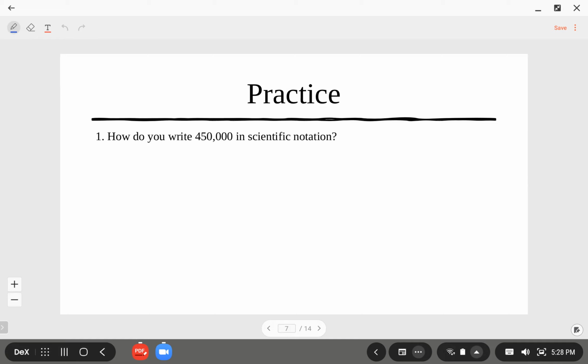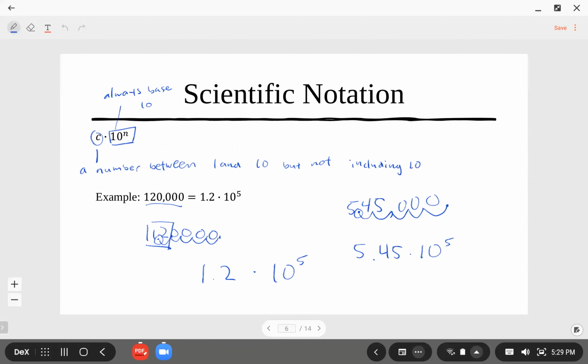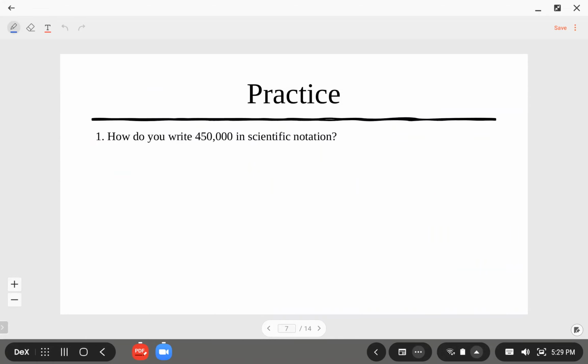Remember those helpful tips and tricks that I taught you when doing scientific notation, and also try to make use of this formula over here. The scientific notation should be in this structure. Okay, so I'll give you some time to try and do this, and please put your answer in the chat.